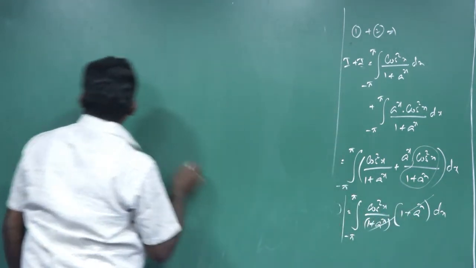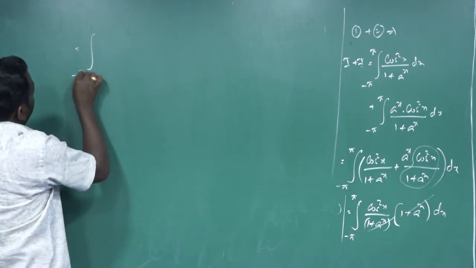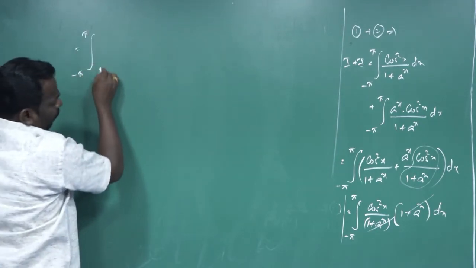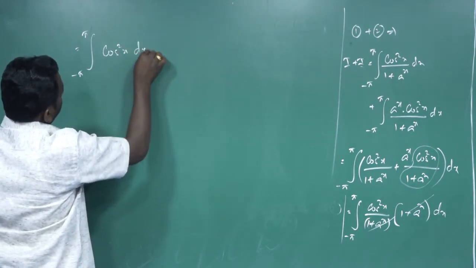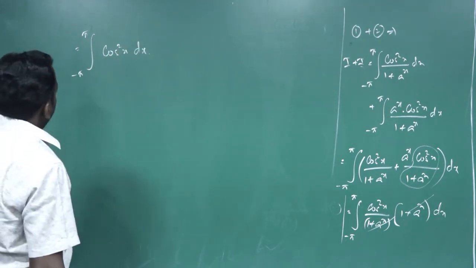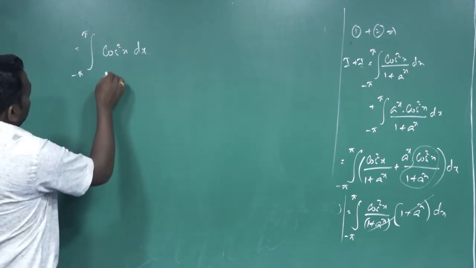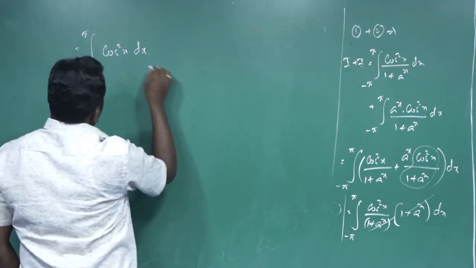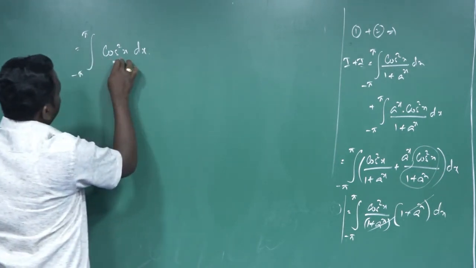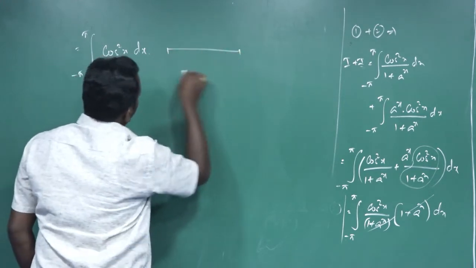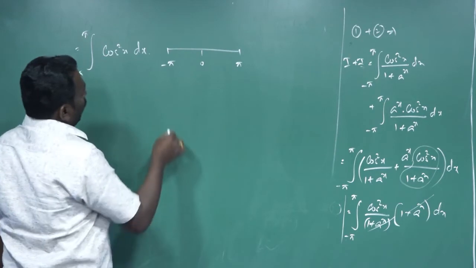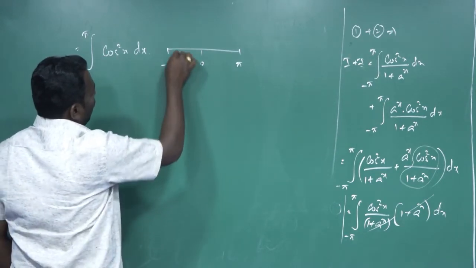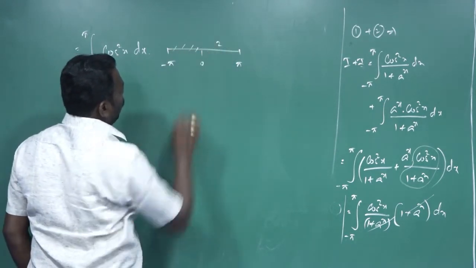Therefore the next line is equal to the integral from minus pi to plus pi of cos²x dx. Now we apply the even function, odd function formula, because the interval is minus pi to plus pi. For an odd function the value is 0. If it is an even function, we remove the negative side and multiply by 2.